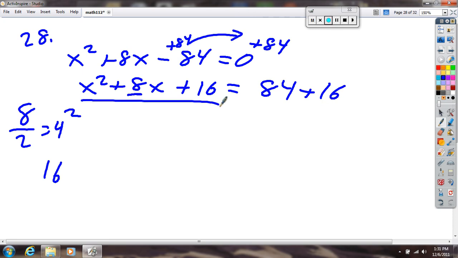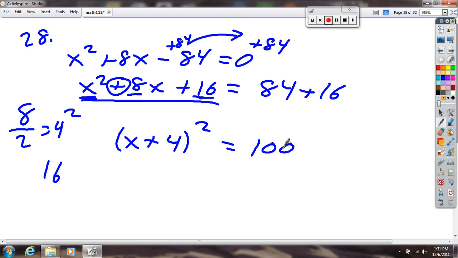I have a trinomial now. I put 1 parenthesis squared. How did I get x squared? X times x. How did I get 16? What's the square root of 16? 4. Middle sign stays. Equals, what's 84 plus 16? 100.